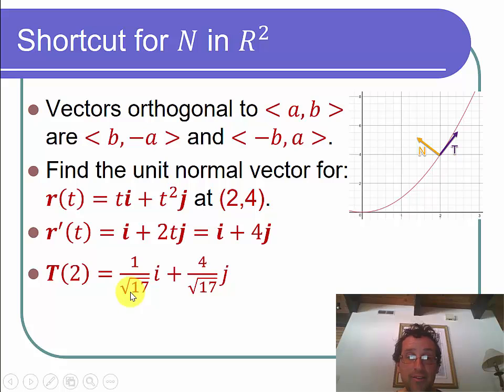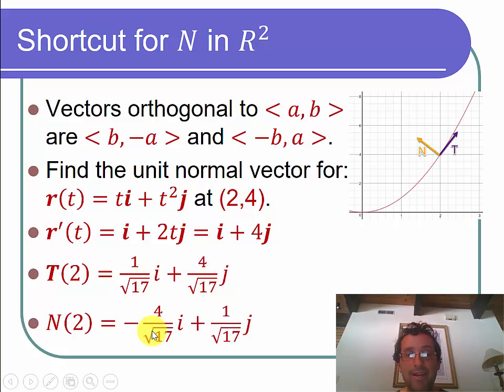So we're going to switch 1 over root 17 and 4 over root 17, but make the i component negative. And we can conclude that the unit normal vector at t equals 2 for this vector-valued function r of t equals ti plus t squared j is equal to negative 4 over root 17 i plus 1 over root 17 j. And that's the easy way of finding the unit normal vector.